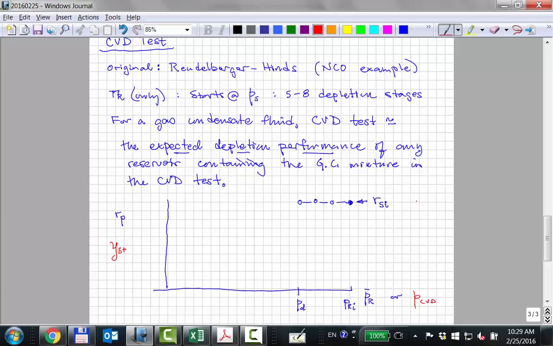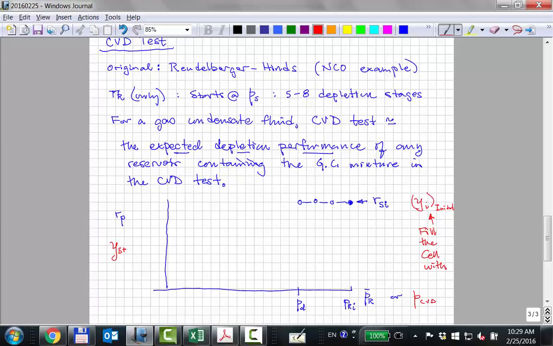Or if we're talking about the CVD test, this is the initial composition of what we put into the PVT cell. It's what we charge, what we fill the cell with.